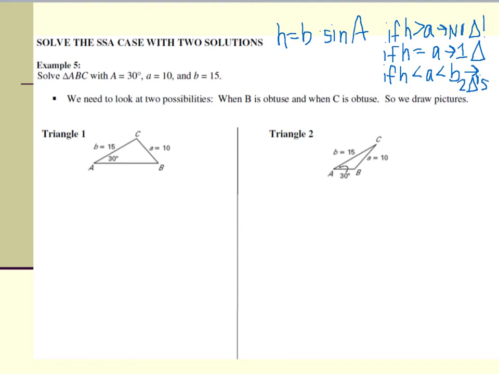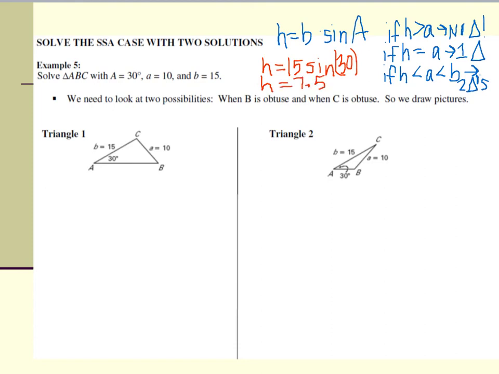So for this problem, if I use that formula I just showed you, H equals B, which is 15, times the sine of angle A, which is 30. If you put that in your calculator, you'll find that H is 7.5.